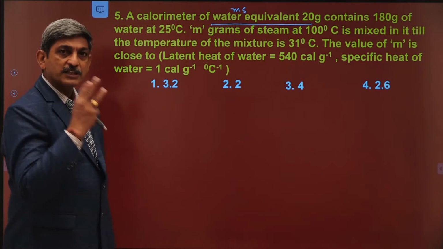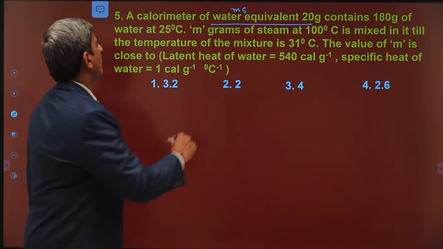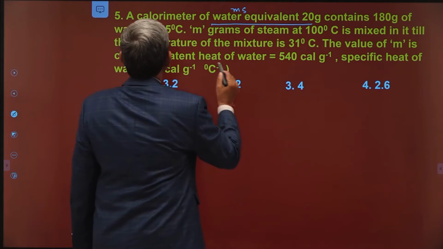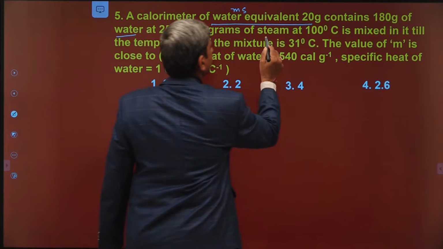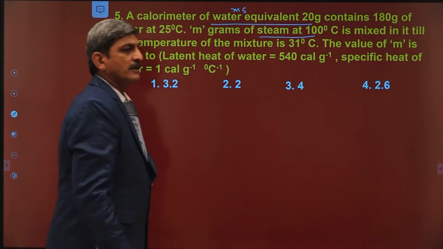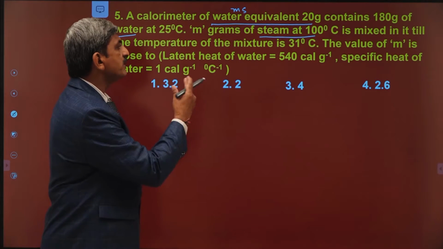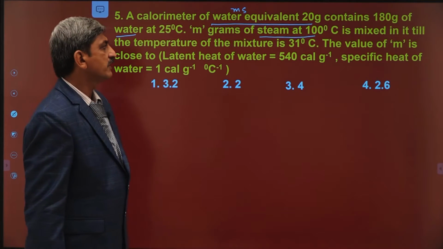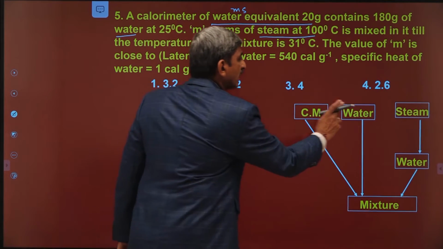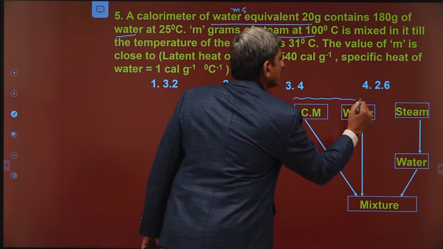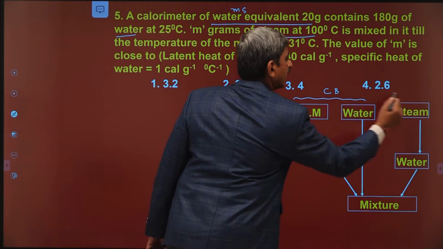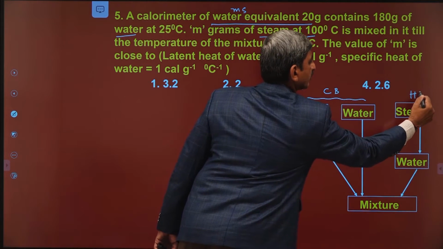Now here, there are three things in the problem. One is the calorimeter, the second one is the water, and the third one is the steam. Calorimeter and water are at 25 degrees centigrade, whereas the steam is at 100 degrees centigrade. That's why the calorimeter and the water are the cold bodies and the steam is the hot body.